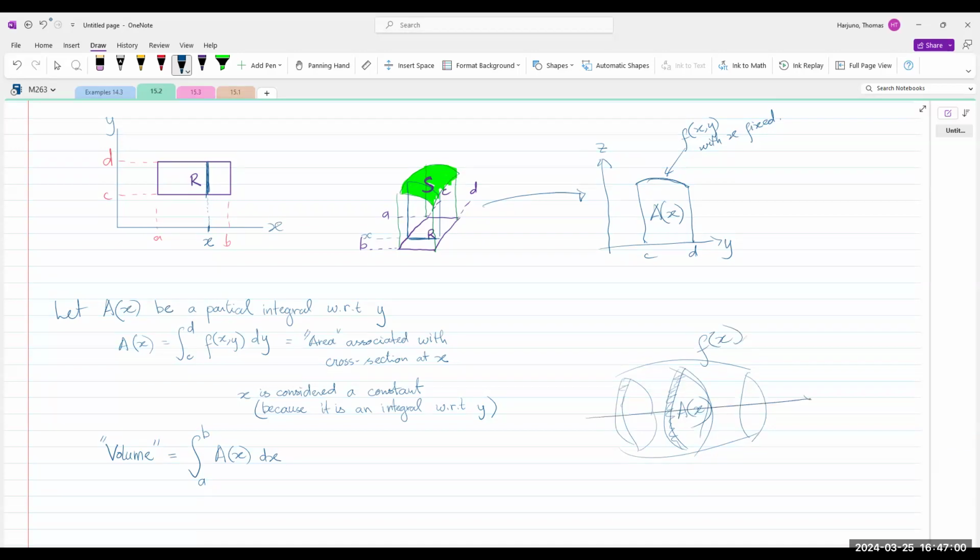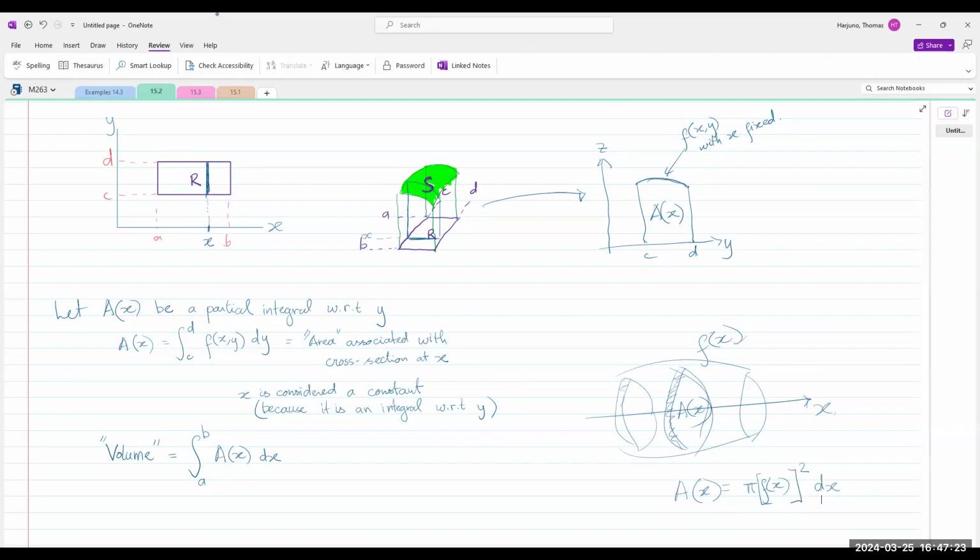You revolve that about the x-axis, then the area will be pi f(x) squared, multiplied by dx, the thickness, and you integrate from a to b. That's the way we did it at that time.